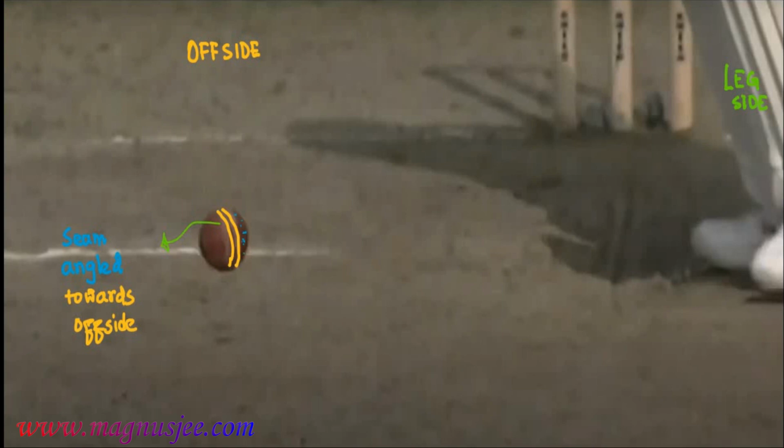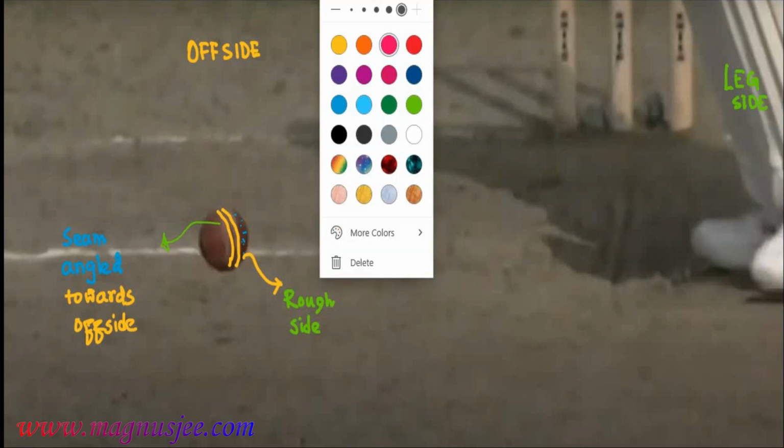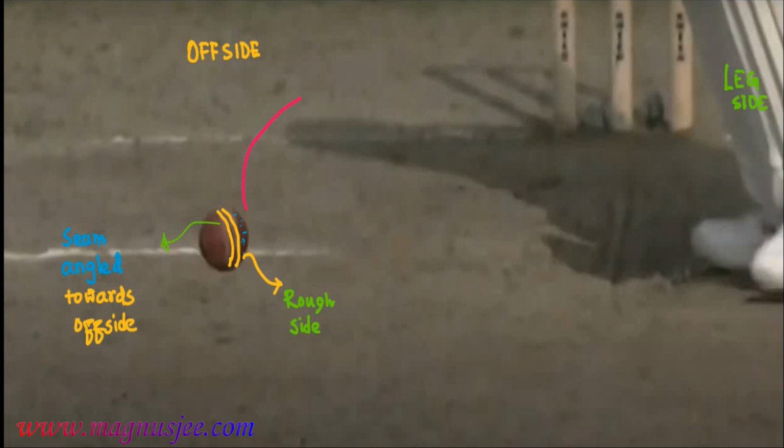The ball was thrown such that the seam was angled towards offside, and the non-seam side is the rough side. The ball swings towards the batsman. That means reverse swing occurs. That means conventional inswing occurs though the seam was pointing towards offside.